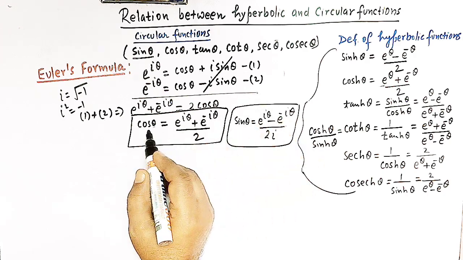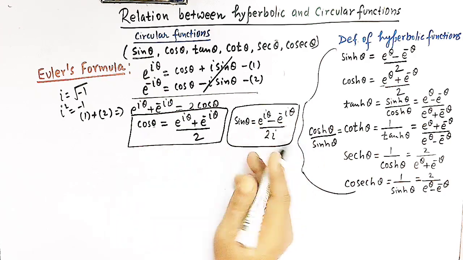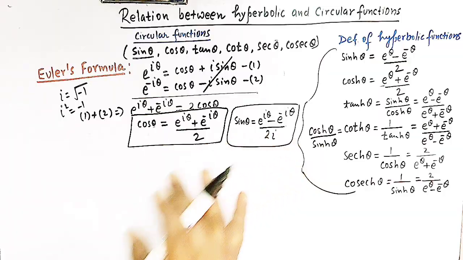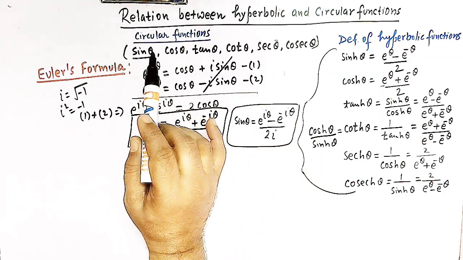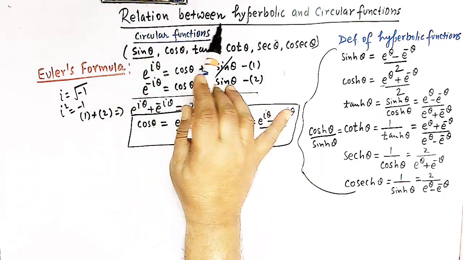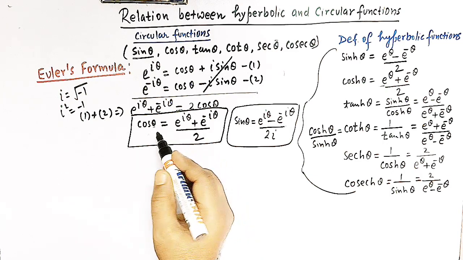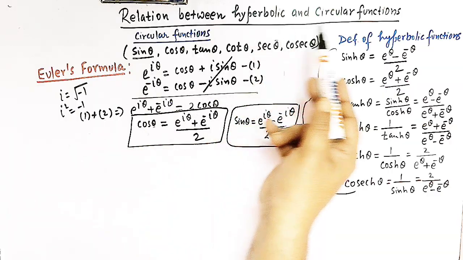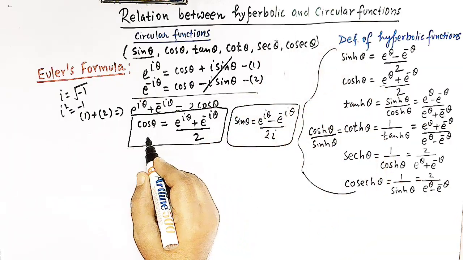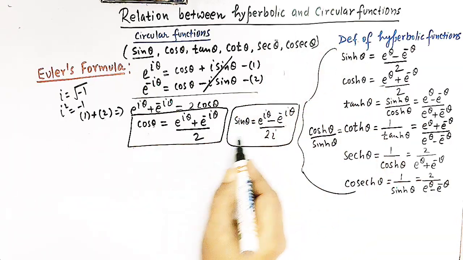These two expressions are sufficient to derive the relationship between hyperbolic functions and circular functions. So let us derive the relationship between hyperbolic and circular functions with the help of these two important expressions.